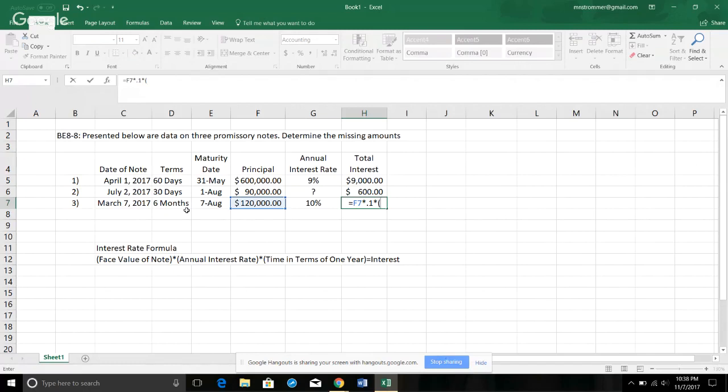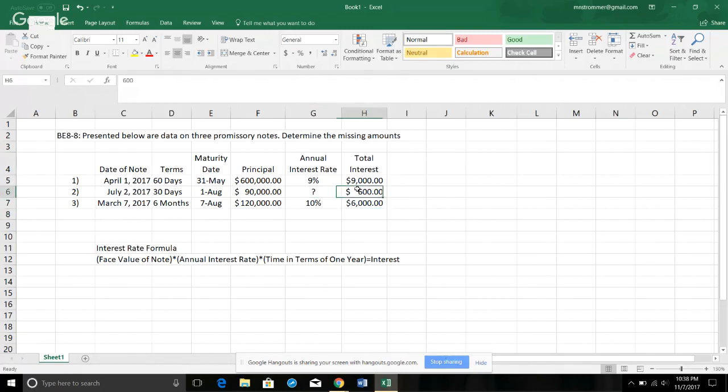And for this, it will be 6 months. So instead of having it in days like I did above, where it's out of 360, we'll do it in terms of months. And so it'll simply be 6 divided by 12, because the term is 6 months here. And so we'll close parentheses there, hit enter. It'll give us total interest of $6,000.